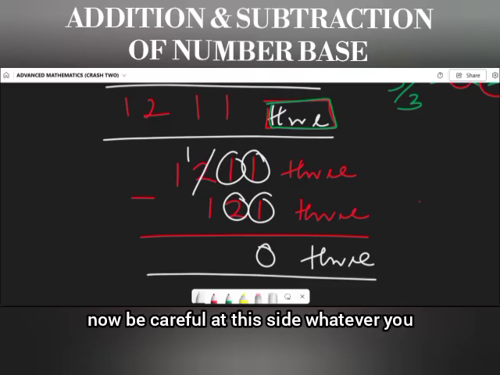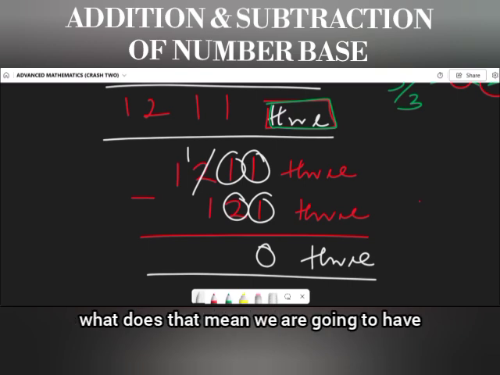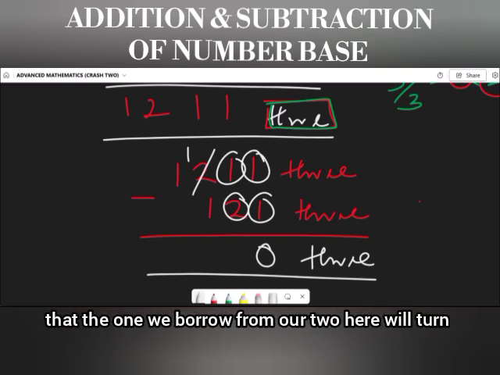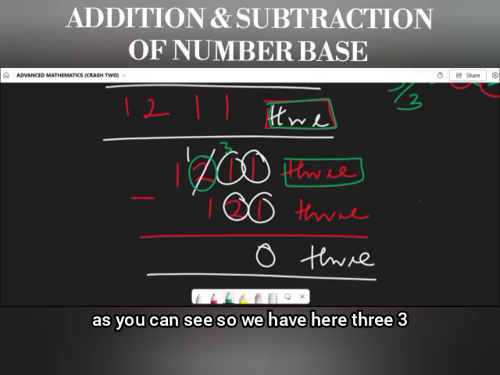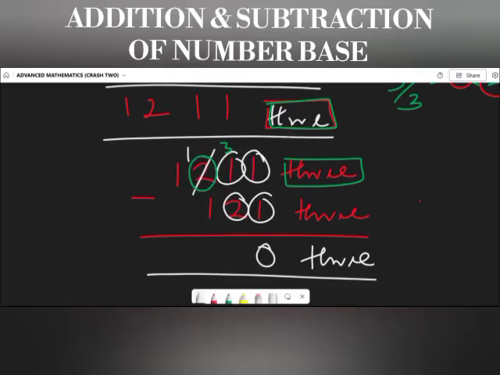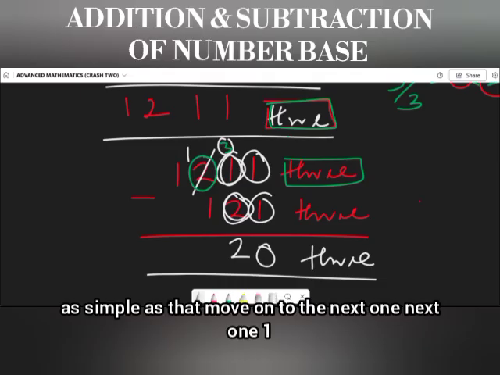Now be careful at this side. Whatever you borrow will turn to the base immediately. What does that mean? The 1 we borrow from our 2 here will turn to the base here as 3. As you can see, we have here 3 plus the 1 here, making it 4. 4 minus 2 will give us 2. As simple as that.